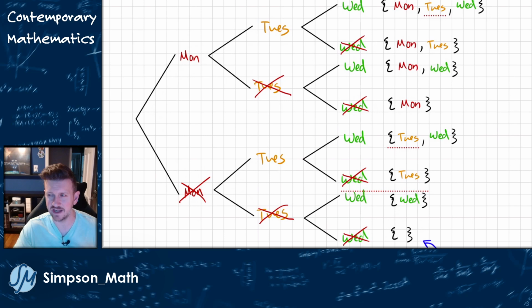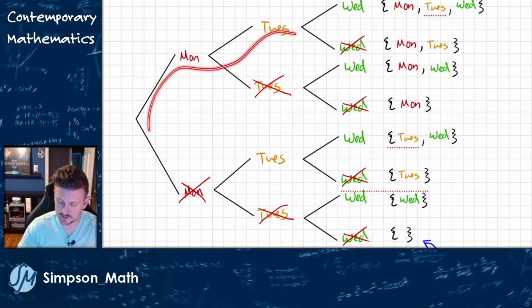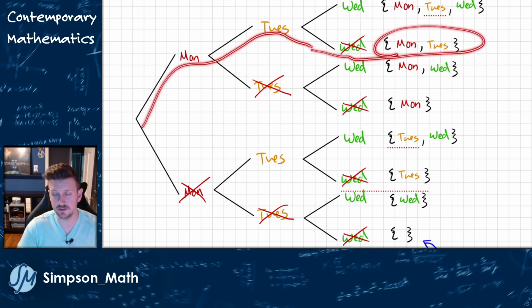Notice this is a binary situation. Monday's in the set or it's not. Tuesday's in the set or it's not. Wednesday's in the set or it's not. So looking here, I've summarized the results of each of these. Monday, Tuesday, Wednesday are all in the set, so the set would be those 3 days, Monday, Tuesday, Wednesday. The second one, Monday, Tuesday is in the set, but not Wednesday, so the set is just Monday and Tuesday.